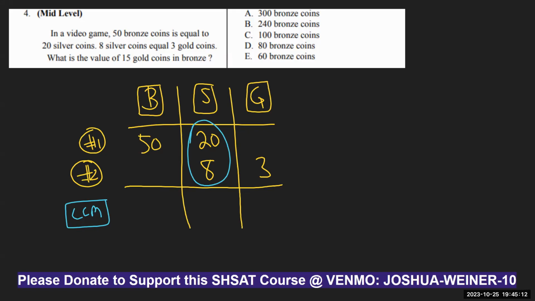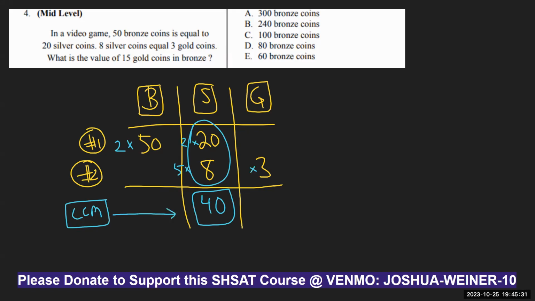So I'm going to do this column times 2. Then we get 40. If I want to make the 8 into a 40, then we have to multiply it times 5. 8 times 5 is 40. So the least common multiple is 40.